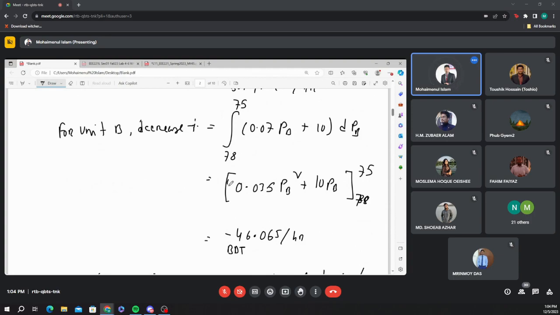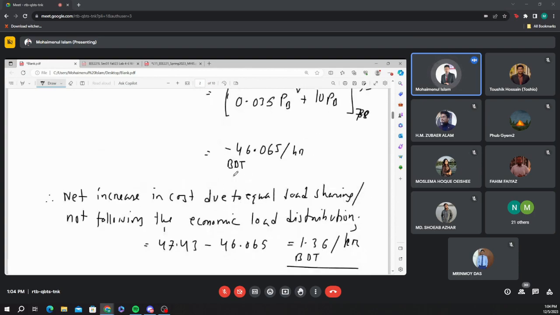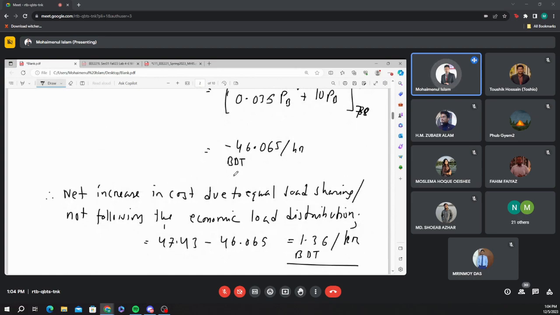So that represents that some fuel cost difference occurs. For generator A, it is higher than generator B, and the difference is almost 1 BDT per hour. So if you consider bulk economic production for a particular year, then you need to pay more in the second scenario than in the first scenario. That is the main thing.